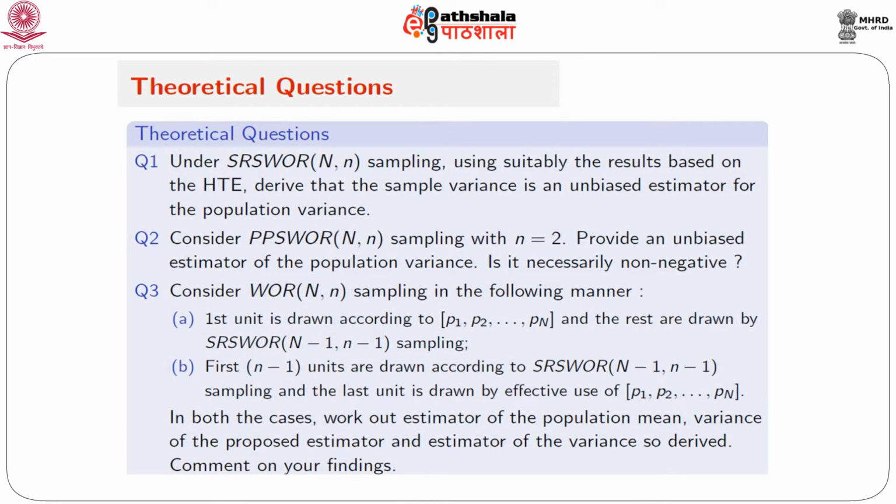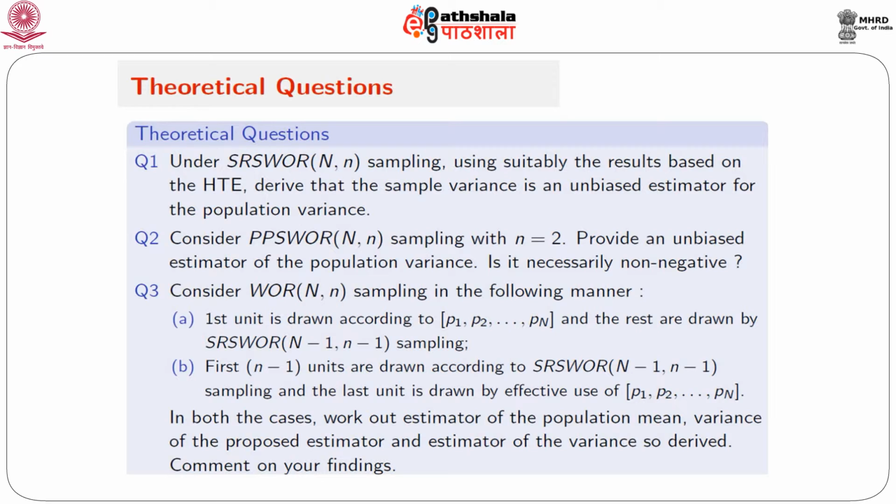Now we will take up some questions and MCQs. We have altogether 3 questions here. Let me read out. Under simple random sampling without replacement sampling design, population size capital N, sample size small n, standard notation, using suitably the results based on the Hurwitz-Thompson estimator, derive that the sample variance is an unbiased estimator for the population variance.